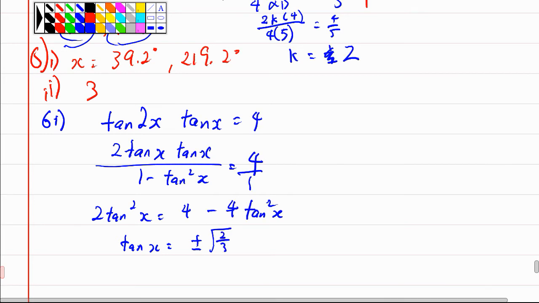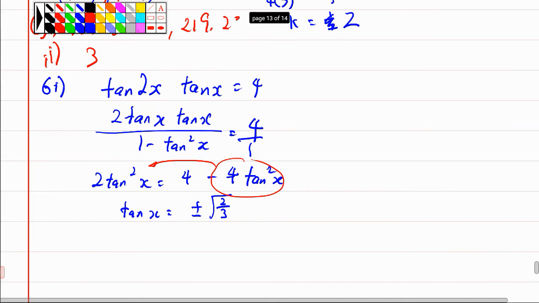Do you get that? So you group this together. So it becomes 6. Then you bring over the 6. Then it becomes 2/3. Now from here you need to split 2 parts. You need to write down tangent x. Reference angle is the same.